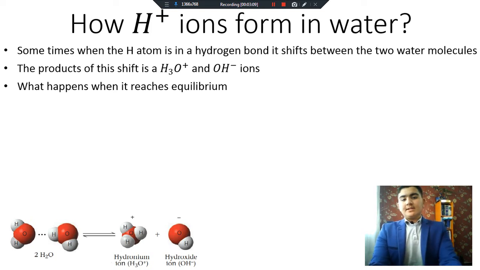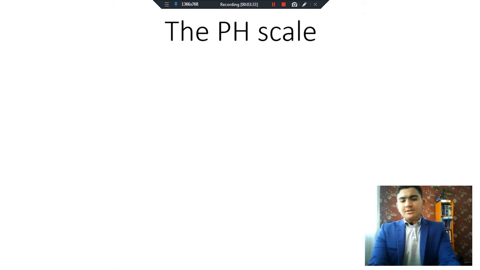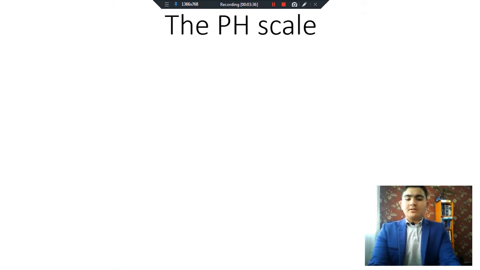As we have seen, the concentrations of H plus and OH minus ions are equal in water, but by adding molecules named acids and bases to water, we can disrupt this balance between H plus and OH minus ions.